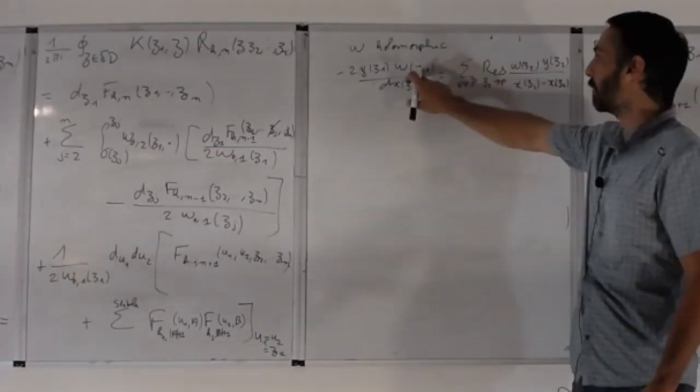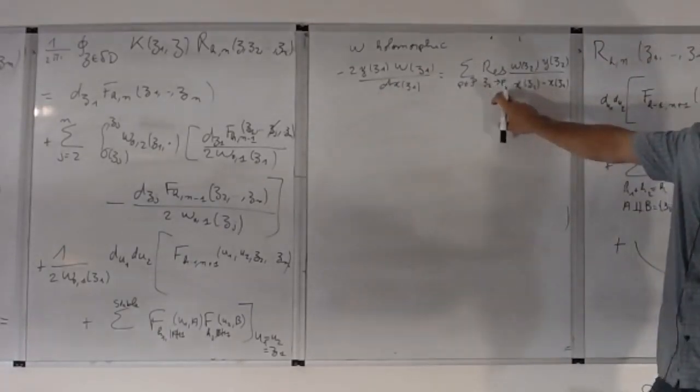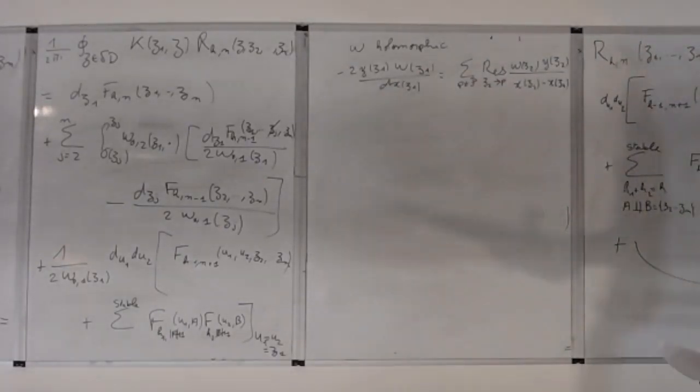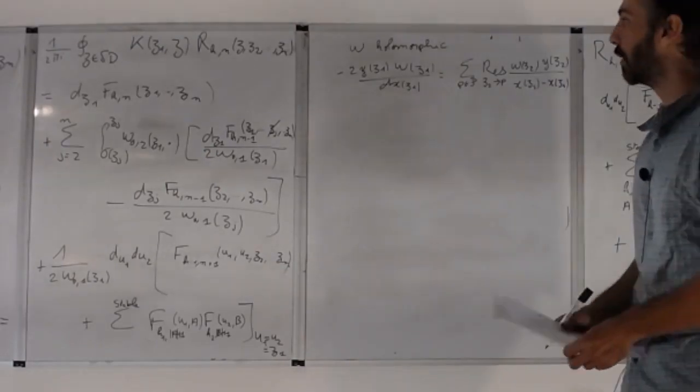So if you have a holomorphic form, you can write it just in terms of the residue at the alpha nu plus and minus and the infinity plus and minus.